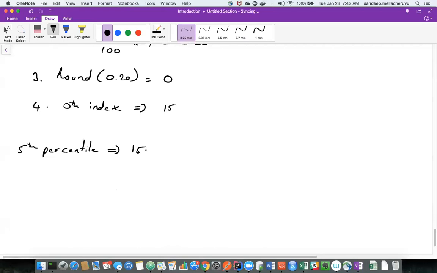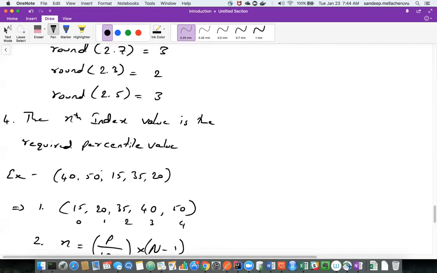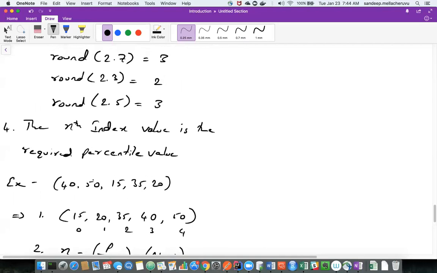So now what does it mean? It means that, let's say this is a list of student marks. So first person is having 40, second person is having 50. Likewise, you have 5 student marks.